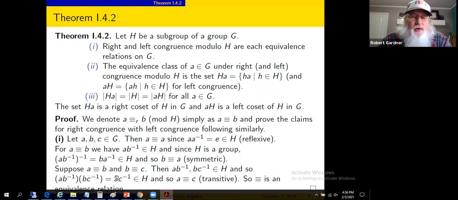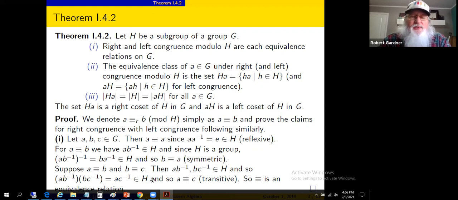Transitivity is the cutest one, I suppose. If a is right congruent to b and b is right congruent to c, then we have ab inverse is in H from the first one, and bc inverse is in H from the second congruence assumption. Let's take these two elements of H and multiply them together: ab inverse times bc inverse. Associate the b inverse and the b, and I can cancel the b's.